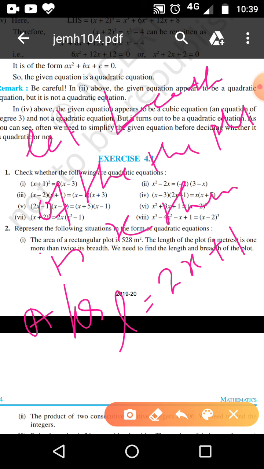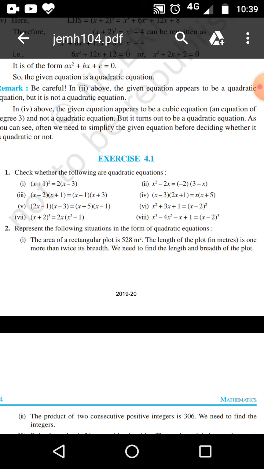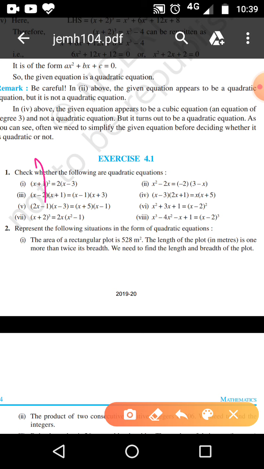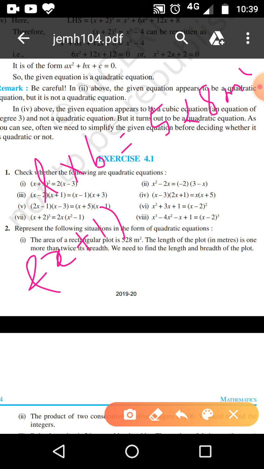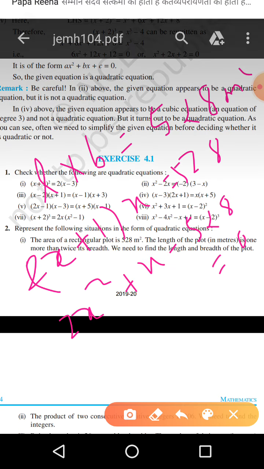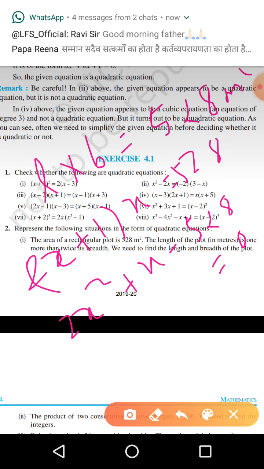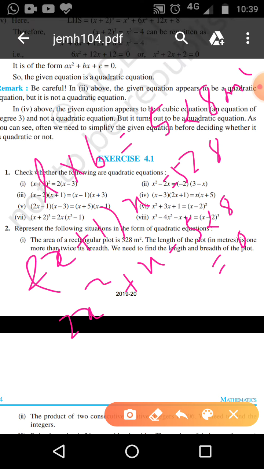The area is length into breadth, which is 528 meters square. So the length is 2x plus 1 and the breadth is x, and this is 528. So 2x square plus x minus 528 is equal to 0, and this is the quadratic equation that represents this particular question.